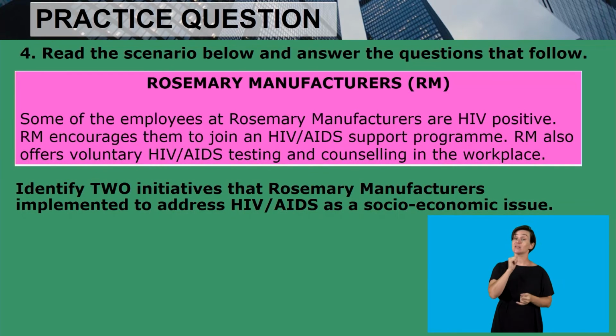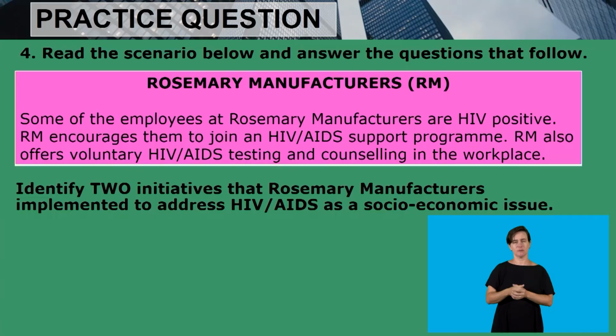Now let's go back to our scenario. We are looking for 2 initiatives that Rosemary Manufacturers implemented to address HIV or AIDS. Some of the employees at Rosemary Manufacturers are HIV positive. So obviously this is just information. It's not an initiative. The second sentence says RM encourages them to join an HIV or AIDS support program.